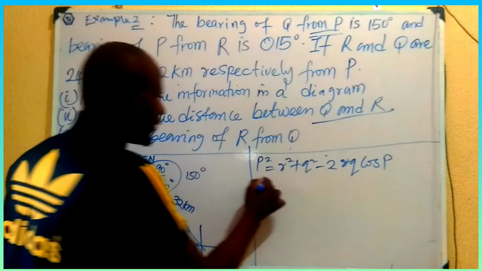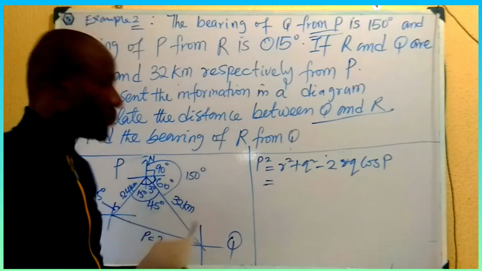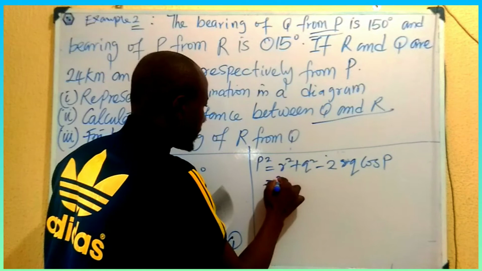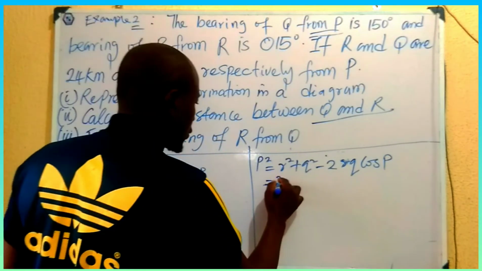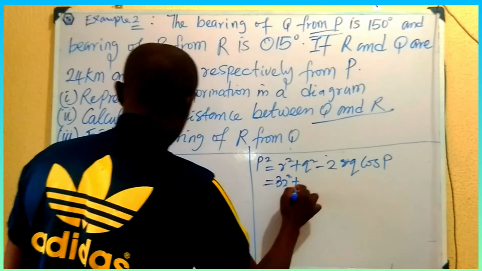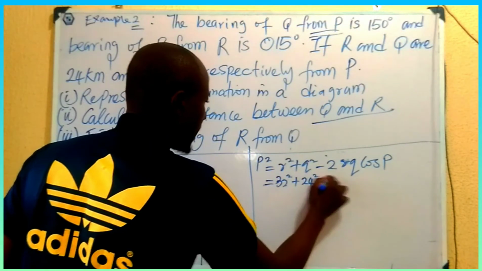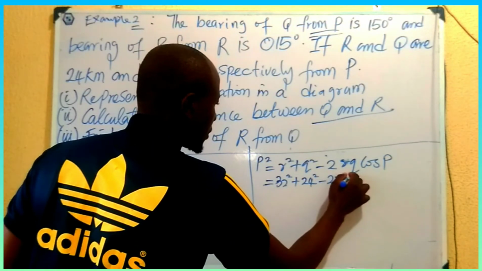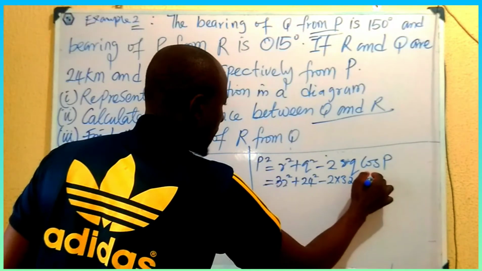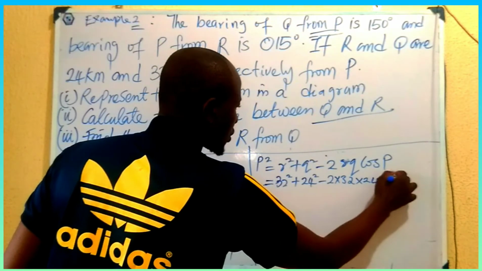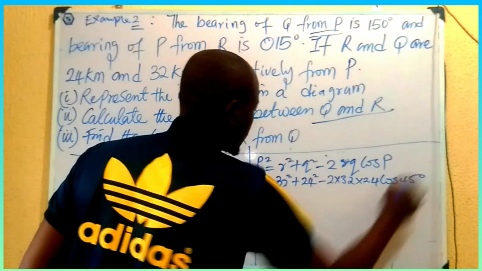So this will give us what? Our R is 32 squared plus our Q, 24 squared, minus 2 times 32 times 24 cos 45 degrees, right?